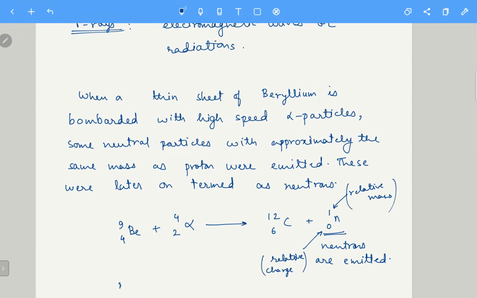Exact mass of neutron is around 1.008 u or amu. Exact mass of neutron is slightly more than the mass of a proton. Theek hai, clear hai ye?